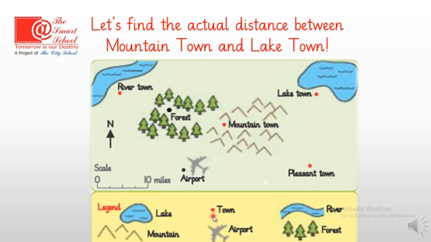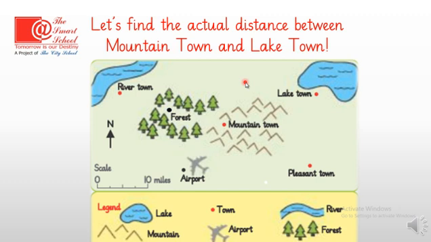And what is this red dot used for? It is showing us different towns. Wherever there is a red dot, these are all towns, meaning people are living in these towns. So now we know how to read the map's key.